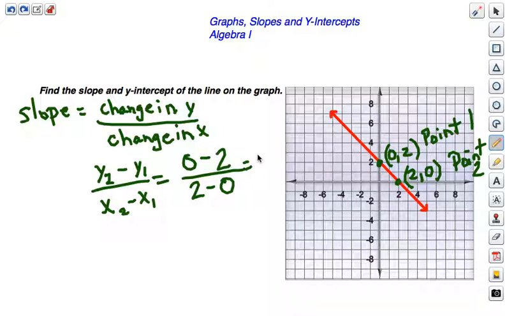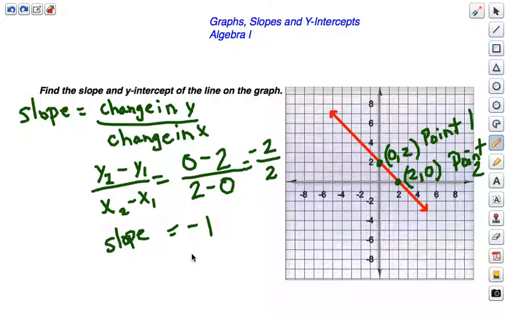Okay, just go ahead and subtract those. 0 minus 2 is negative 2, and 2 minus 0 is 2. All right, we can go ahead and simplify that to negative 1. So the slope is negative 1.